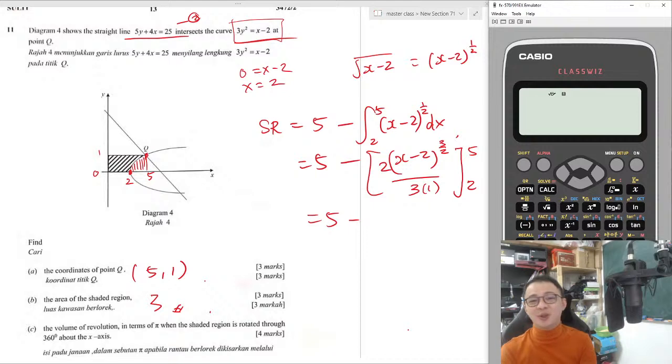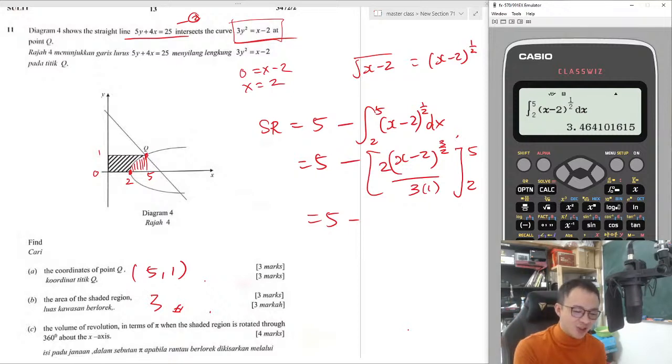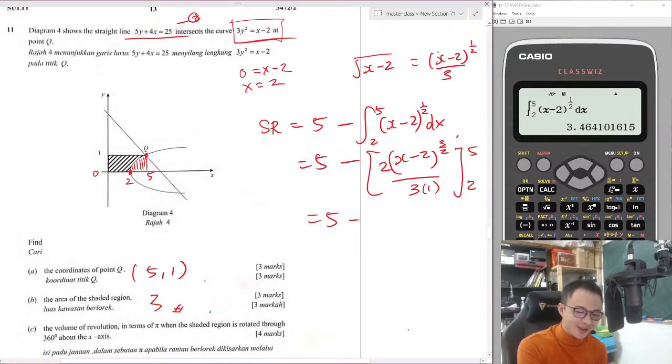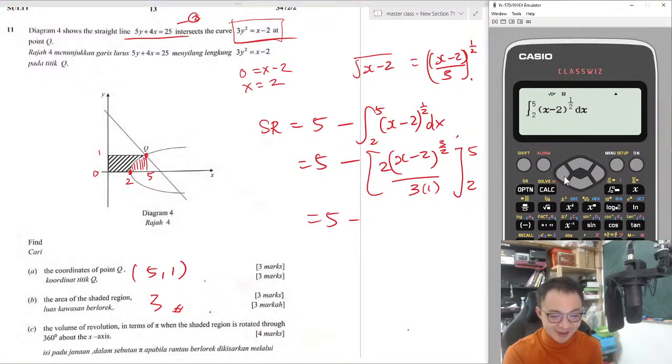I hope the calculator will give me the correct answer. Huh. There's over 3, isn't it? No wonder. Sorry, just give me a moment.